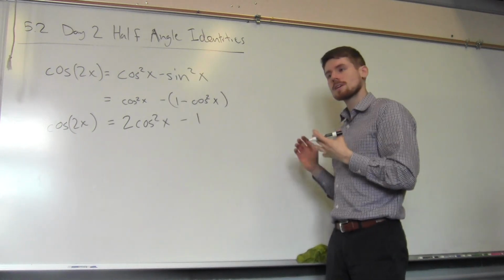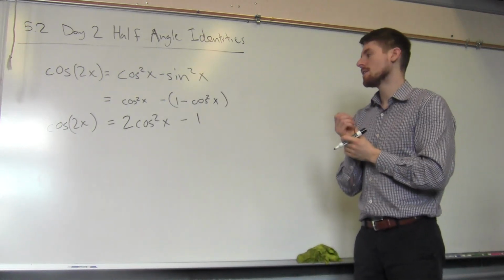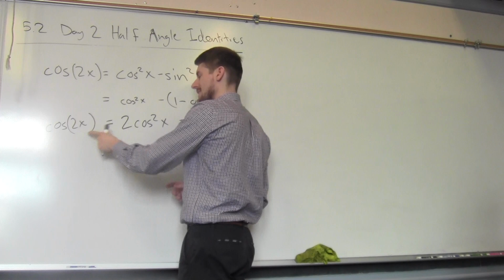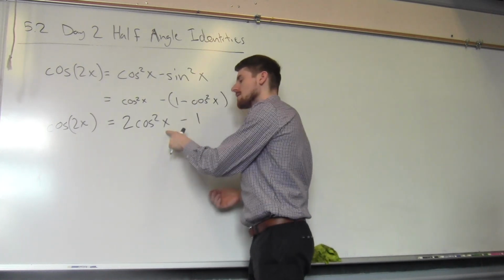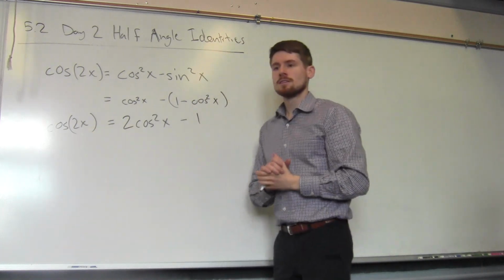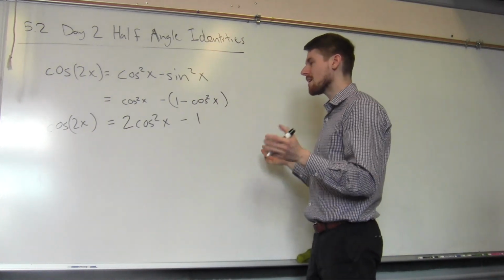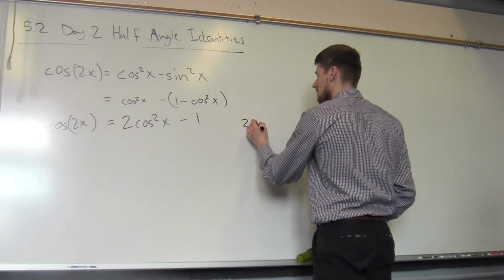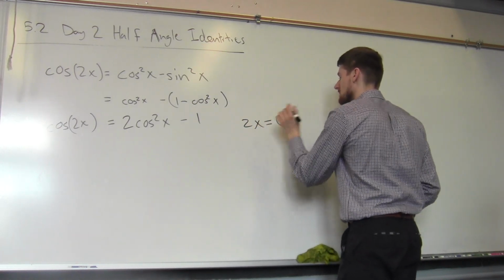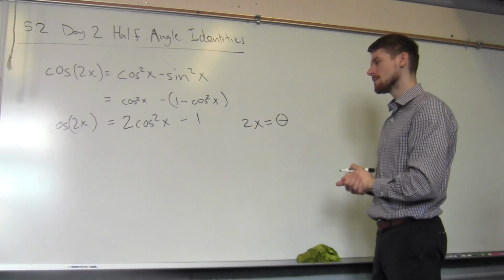So, how is this going to help us find the half-angle identity? Well, this angle is double whatever this one is, right? So that says that this is half of 2x. So let's make a substitution here to really show that and say, well, let's call 2x equal to some angle theta.